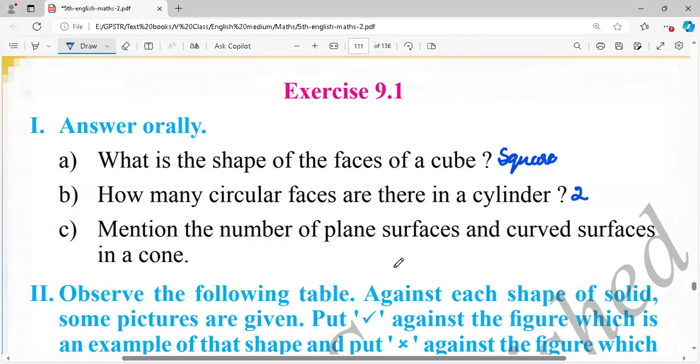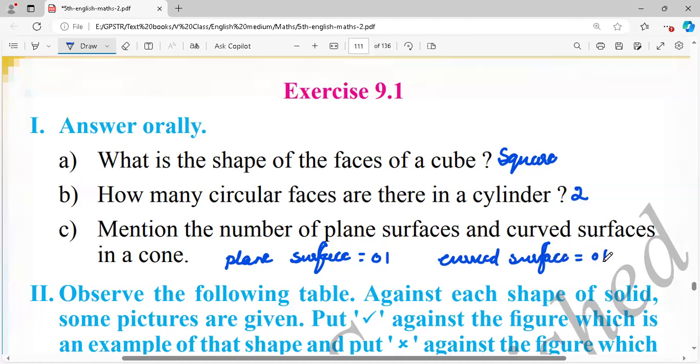C. Mention the number of plane surfaces and curved surfaces in a cone. There are one and one. One plane surface and one curved surface. This is the curved surface. This is the plane surface.